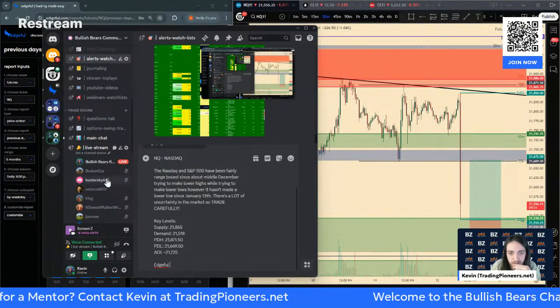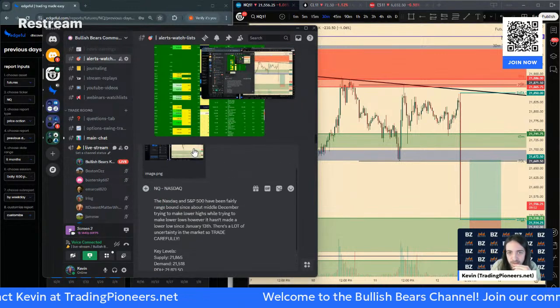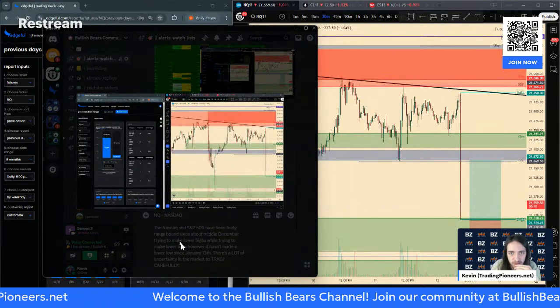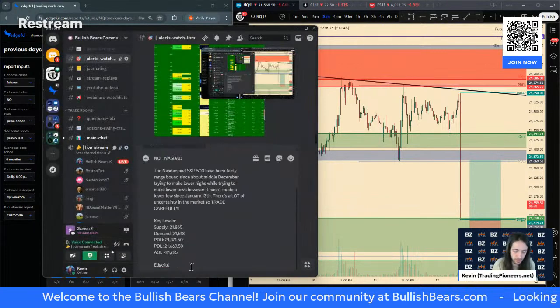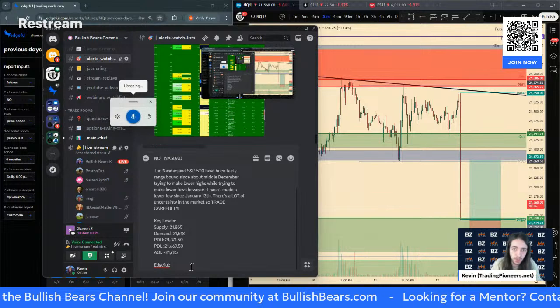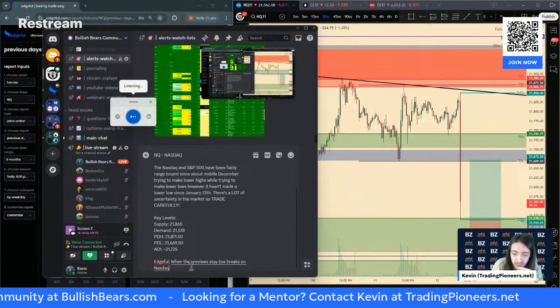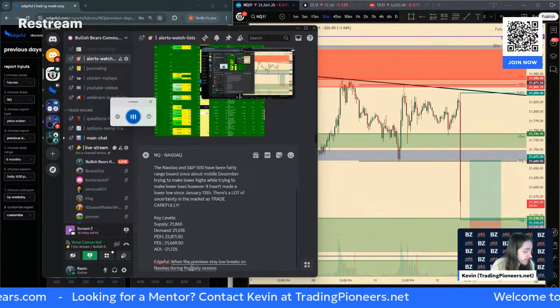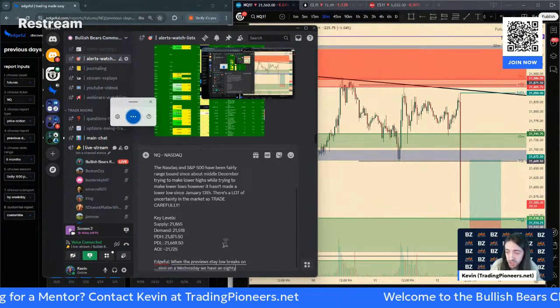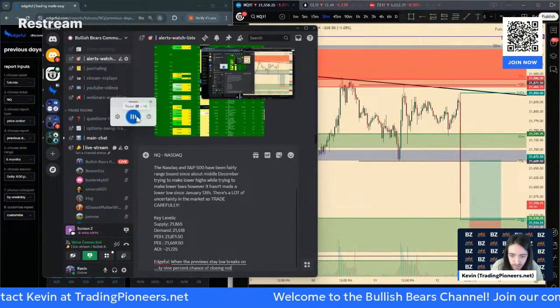And the edge-finder stat we were using before, guys, I am sharing my screen. Is previous day low broken? When the previous day low breaks on NASDAQ during the daily session on a Wednesday, we have an 89% chance of closing red.